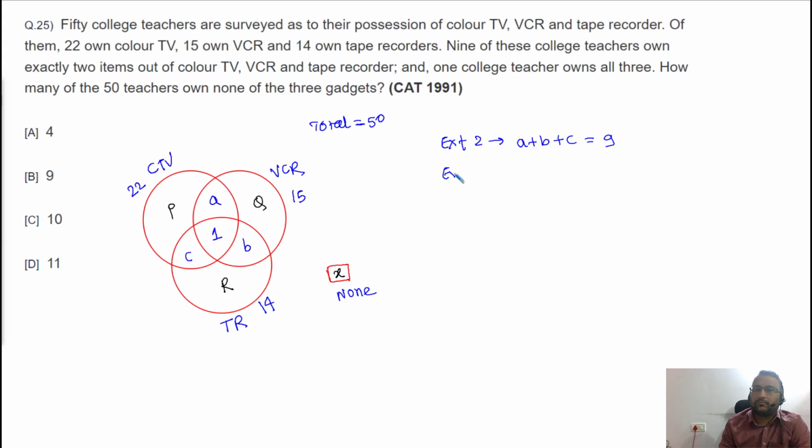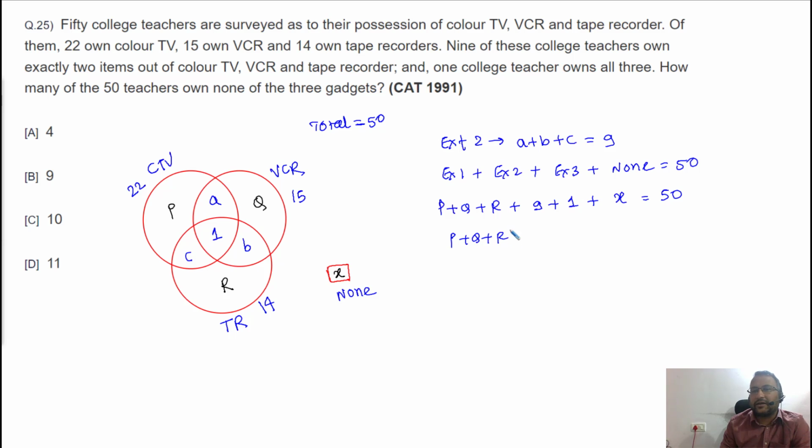Exactly 1 plus exactly 2 plus exactly 3 plus none. This addition is equal to 50. Exactly 1 is P plus Q plus R, exactly 2 is 9, exactly 3 is 1, none is equal to X. So P plus Q plus R plus X, this addition is going to be 40. Over here we need to find the value of X. We will not be able to find that from this alone.